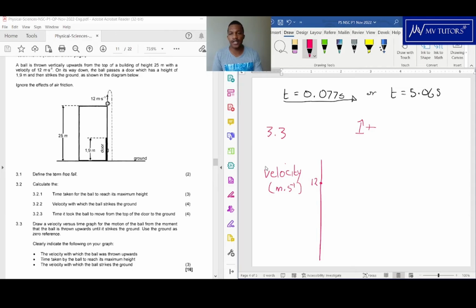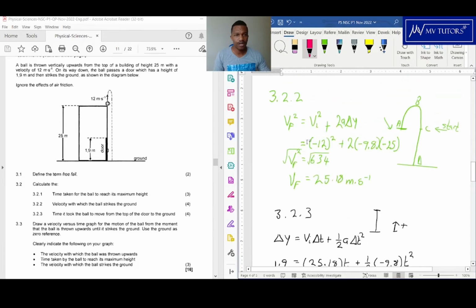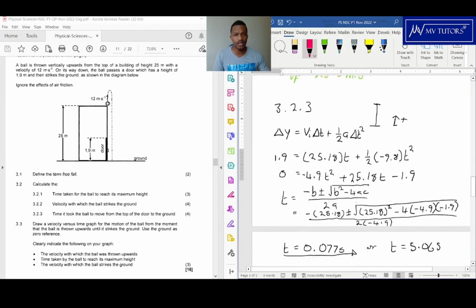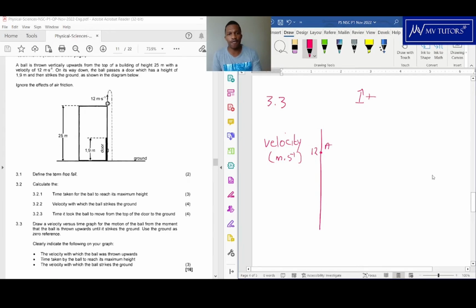And we calculated that when it reaches, this is point A on our drawings over here, point A. When it reaches point B, the ball has 0 velocity. Right there, that's 0 velocity. And this is our time right there in seconds.